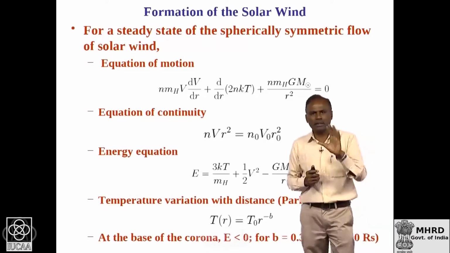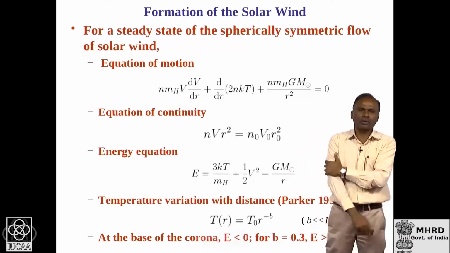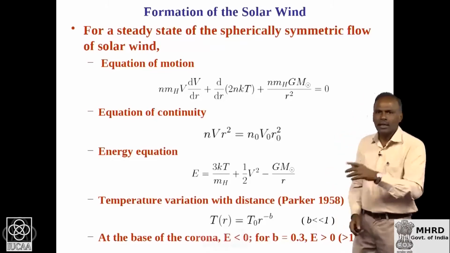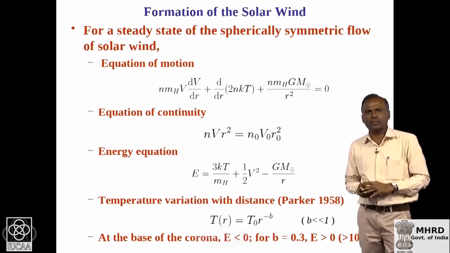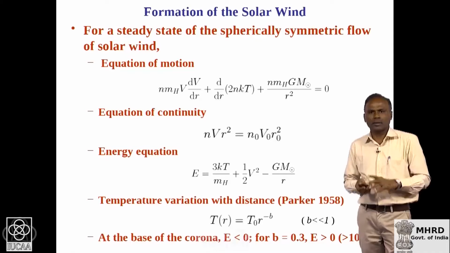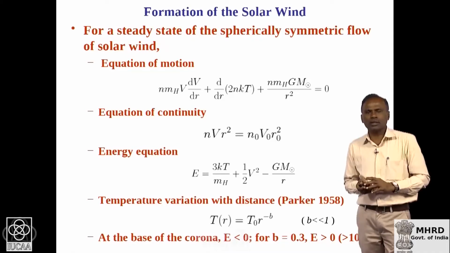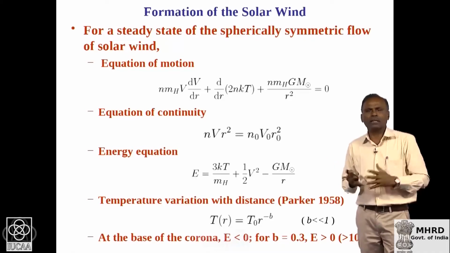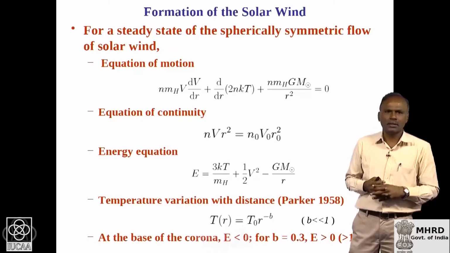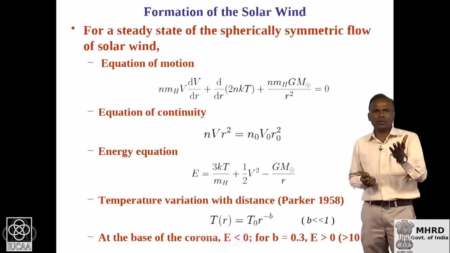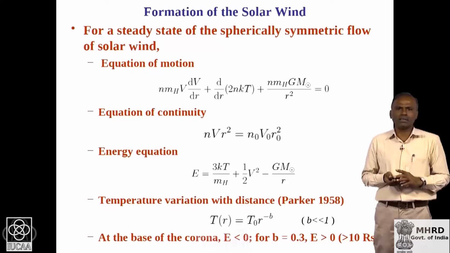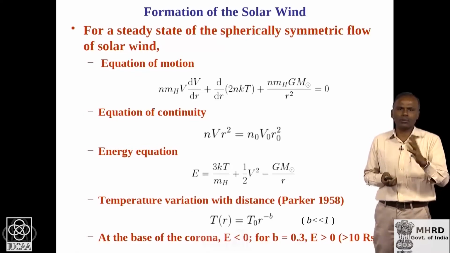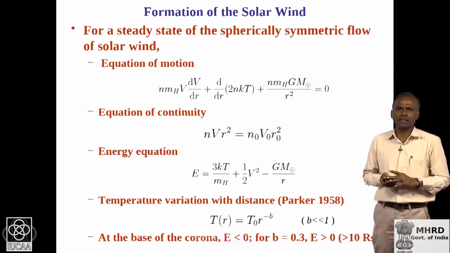For example, there is another term. This was proposed by Parker in 1958, the radial variation of solar wind. For example, r to the power of -b when b is much smaller than 1. For example, at the base of the corona, b is much less than 1, it is about 0.3.